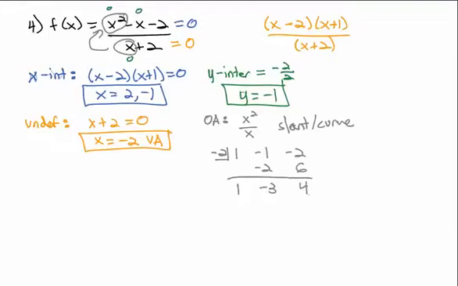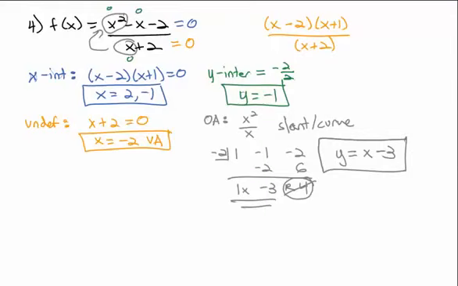The actual function itself tells us the slant asymptote that this graph is approaching. y equals 1x minus 3 is our slant asymptote. That means on the edges the graph is going to approach a diagonal line.